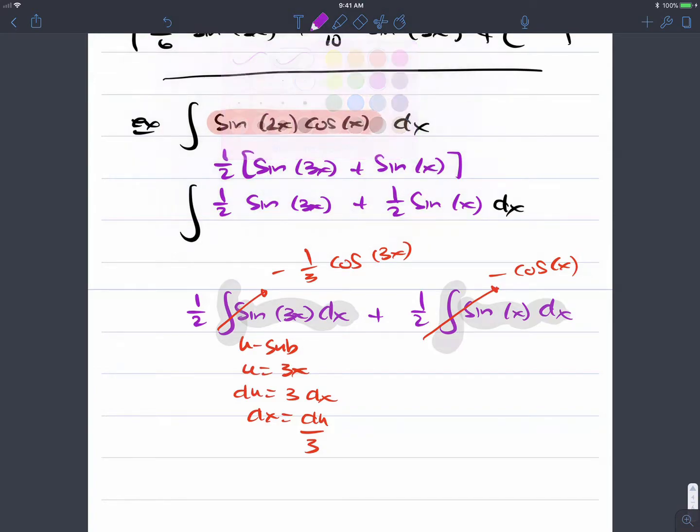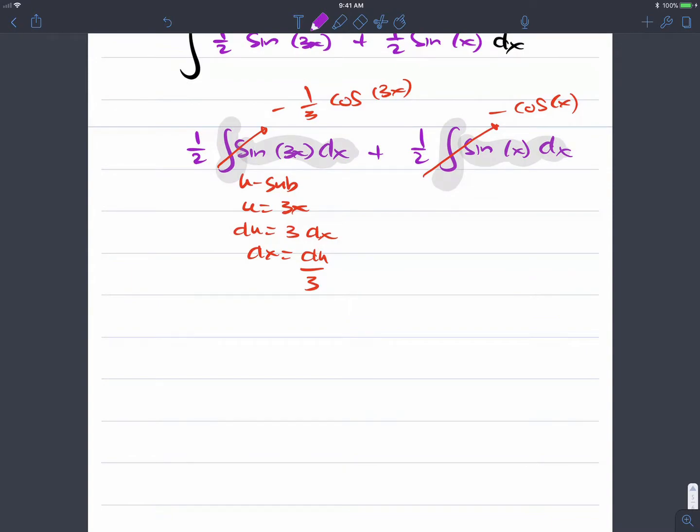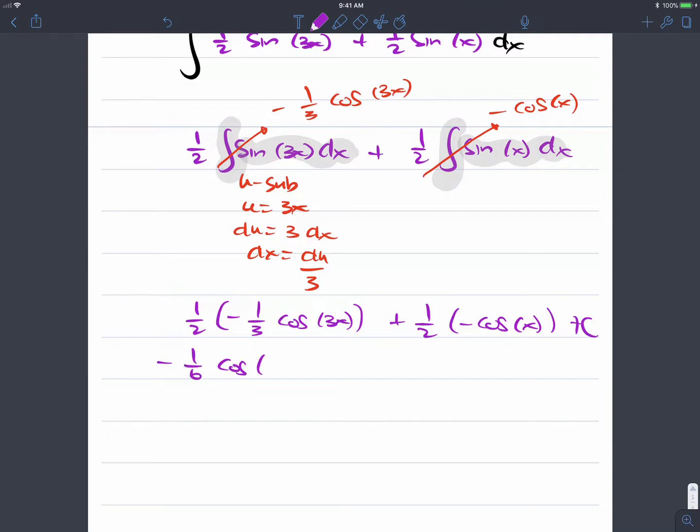Altogether, we have, let's write it together now, 1/2 times negative 1/3 cosine 3x plus 1/2 times the negative cosine of x plus that c. So I get a negative 1/6 cosine 3x.